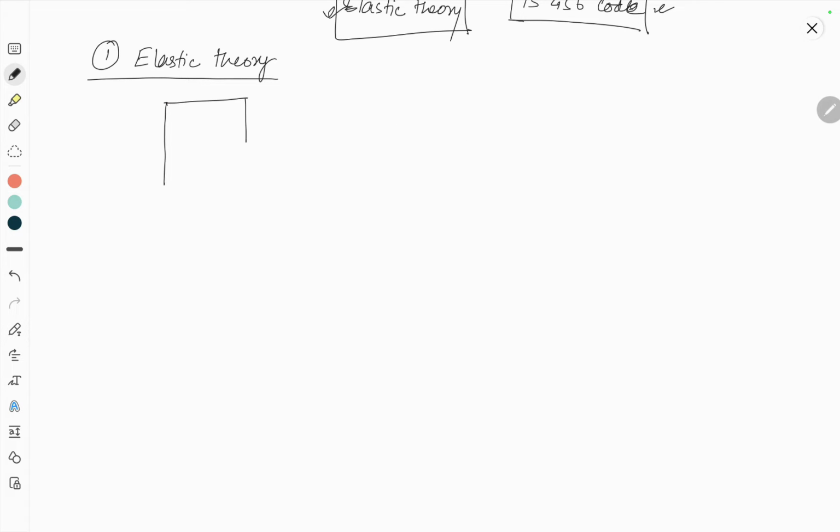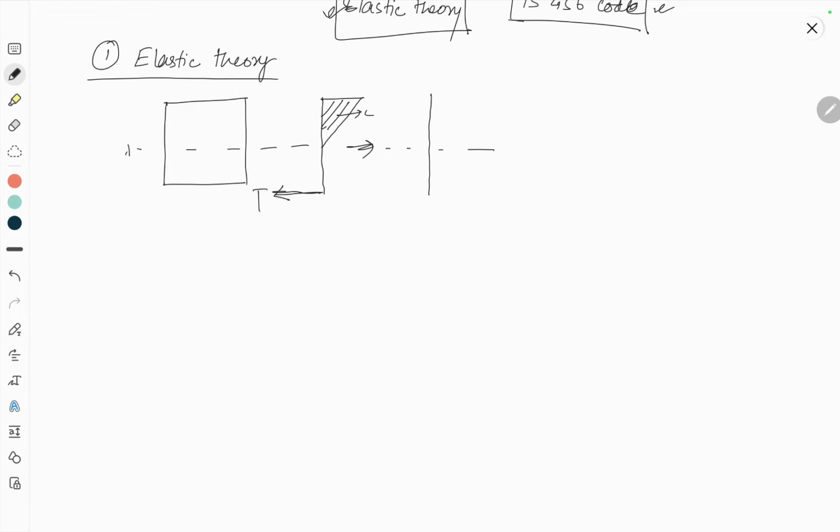This is your beam section. This is your loading diagram. This is compression. This is tension. From this, the actual shear stress diagram looks like this.